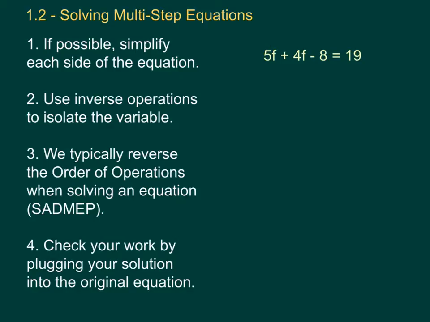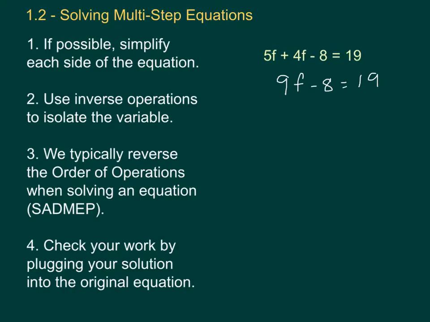The 5f and the 4f can be added together to make 9f, and that simplifies the left side of the equation a little bit. The right side of the equation, there's not much to simplify there since there's just a 19, and that's simplified. So that's kind of my first step there.